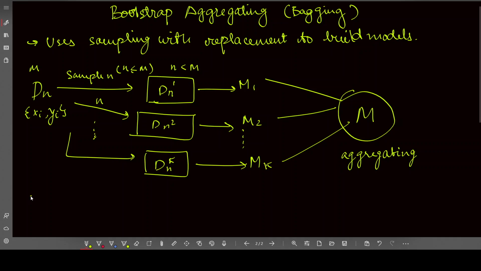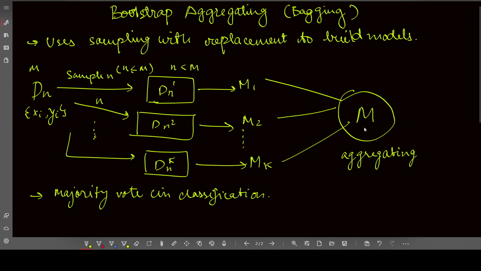There are lots of techniques for aggregating. If you have a classification problem, aggregating might be taking the majority vote. Let's say M1 says class 1, M2 says class 1, M3 says class 1, M4 says class 0, and so on.